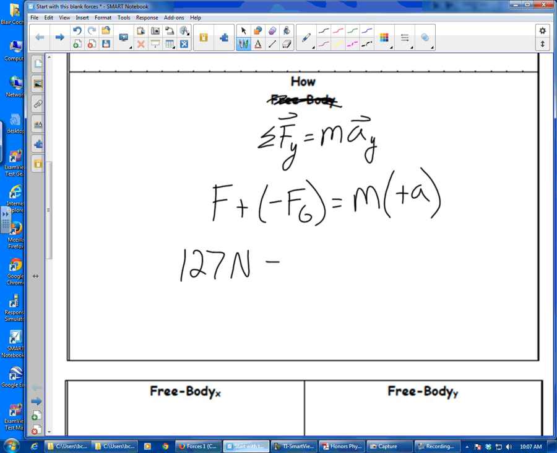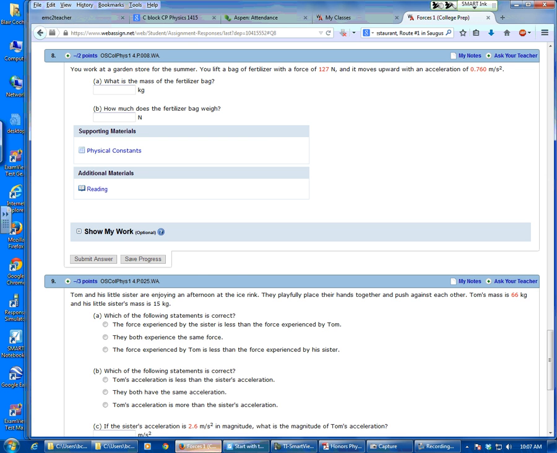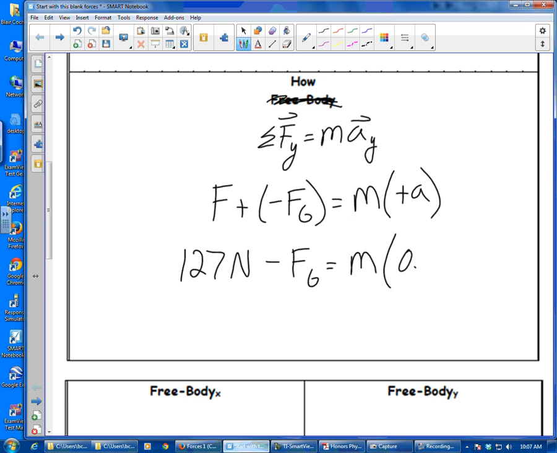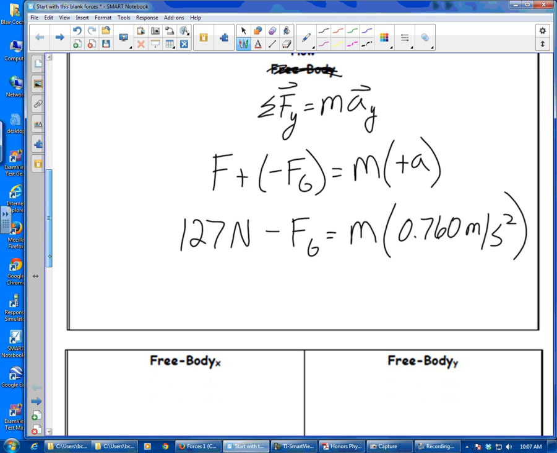So that'd be that minus F sub G equals m times 0.760 meters per second squared. All right, so there are the numbers in. All right, good. So now I need to solve for, first thing to ask me is what is the mass?